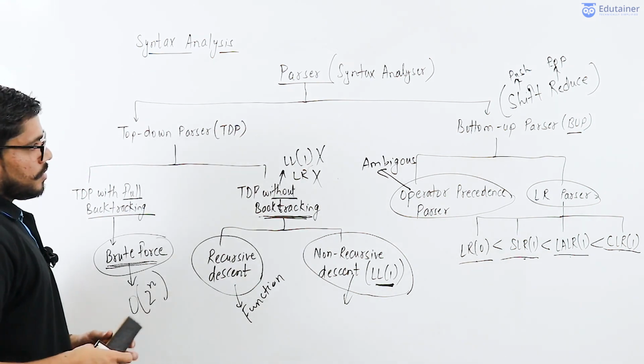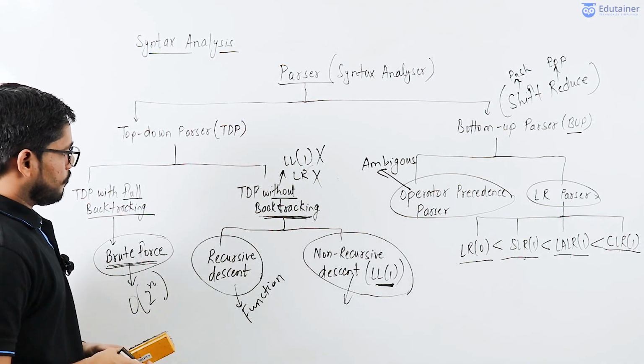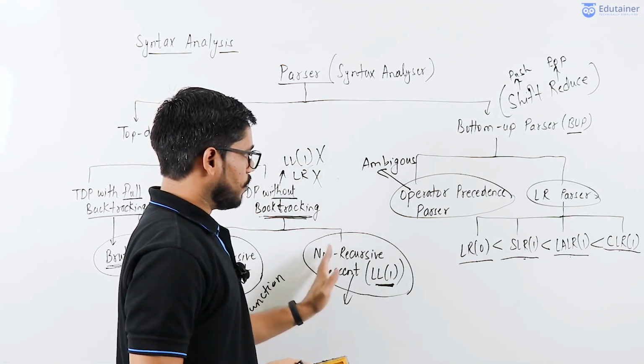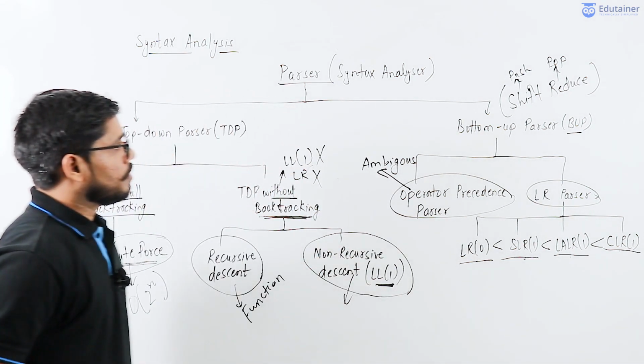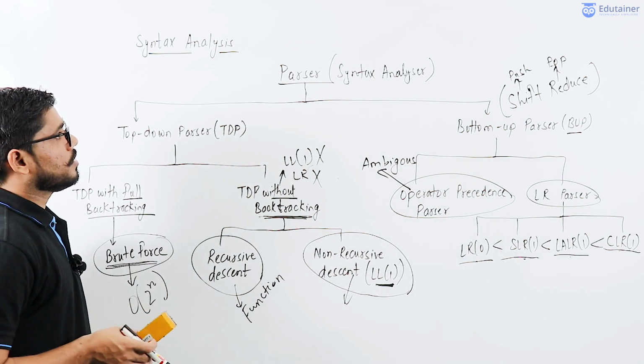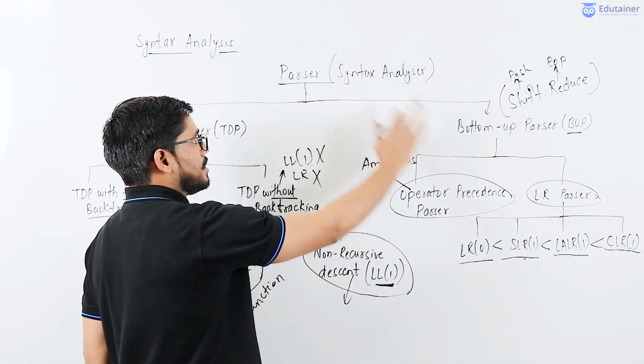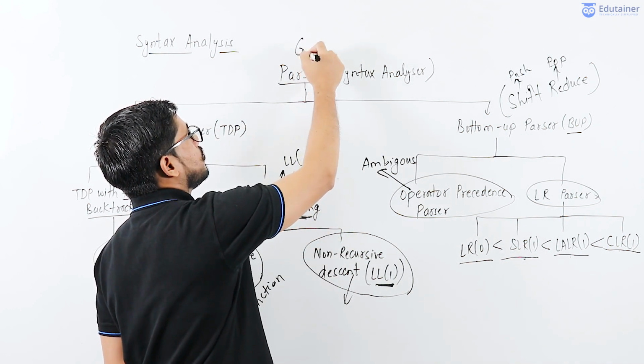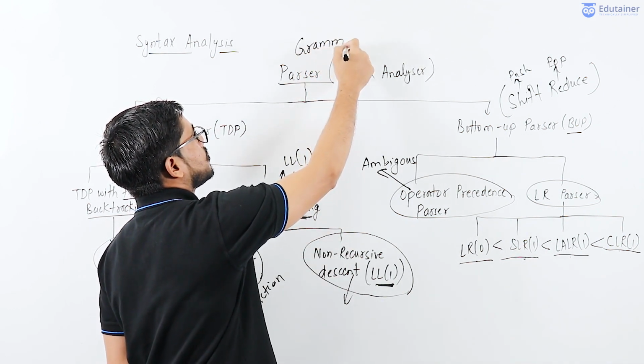So we will take first the recursive descent parser, and then we will further cover all these parsers one by one. But you have to remember that before understanding the parser topic, you have to go through the grammar topic, which I have discussed earlier.